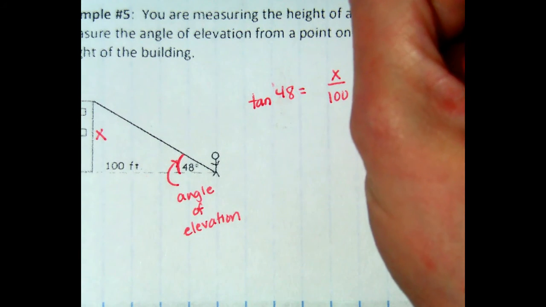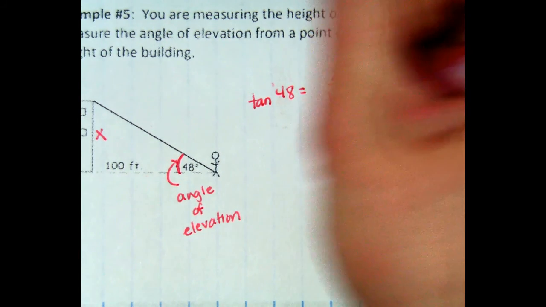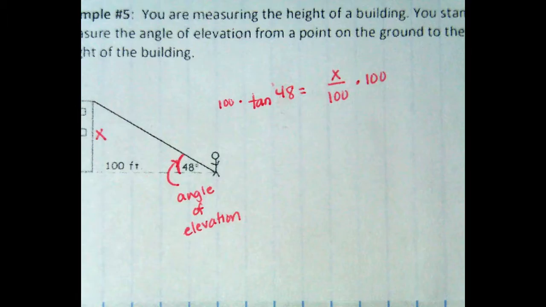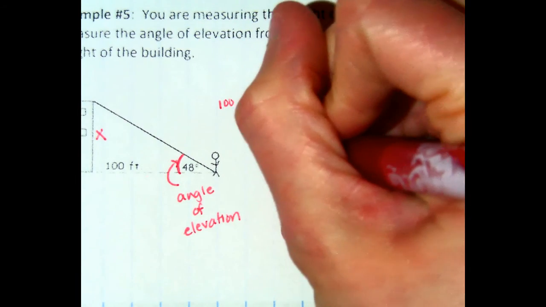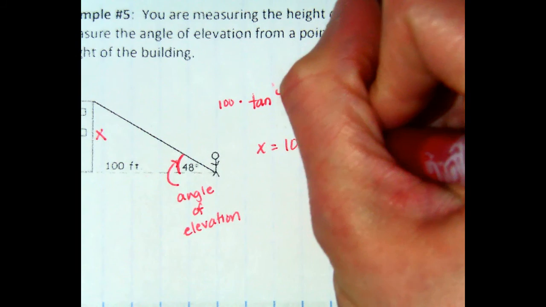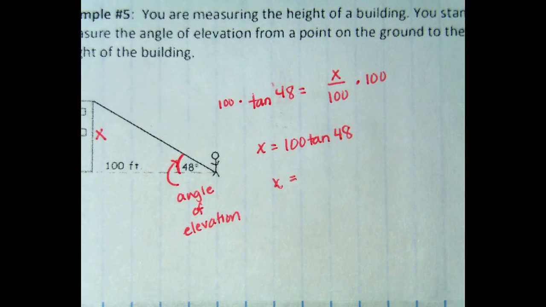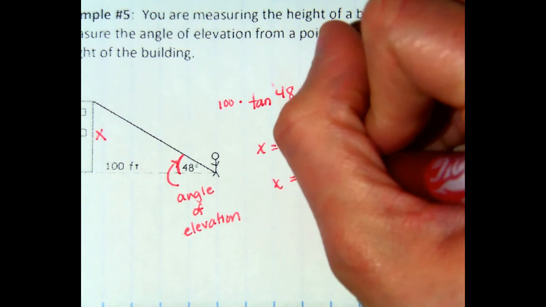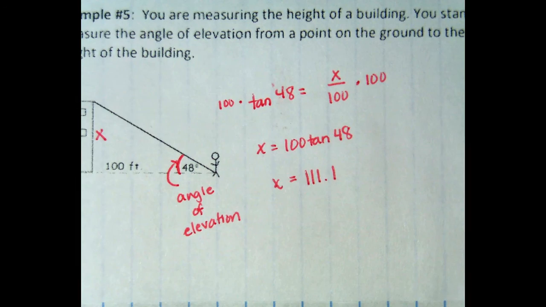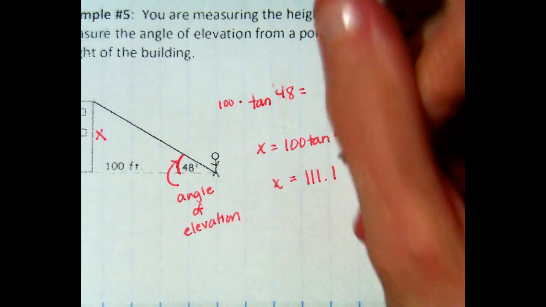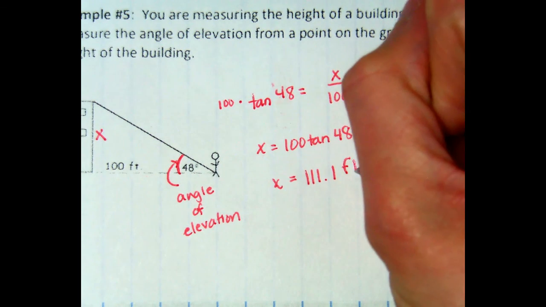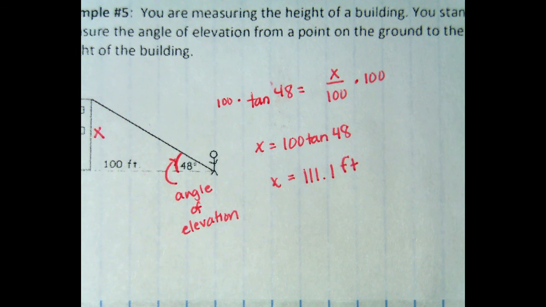Alright, then what am I going to do? Okay, so you're going to plug in 100 times tangent of 48. And we're going to round, did it say what to round to? It didn't, so we're going to do what it said at the beginning, which is nearest tenth. Feet. Don't forget, if they give you a unit of measurement, to please use it.